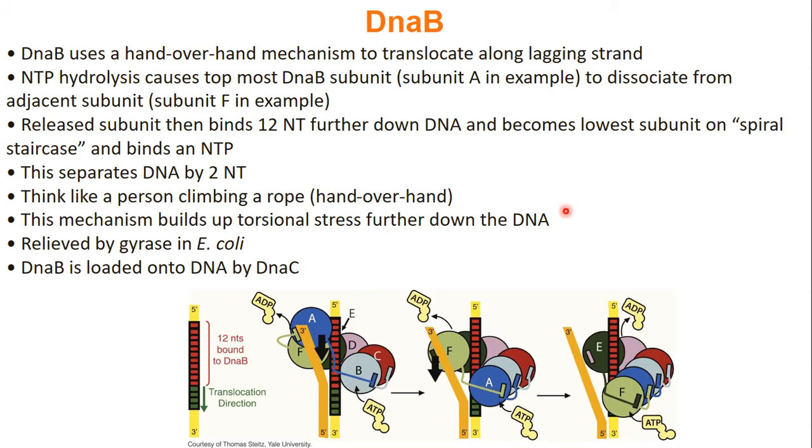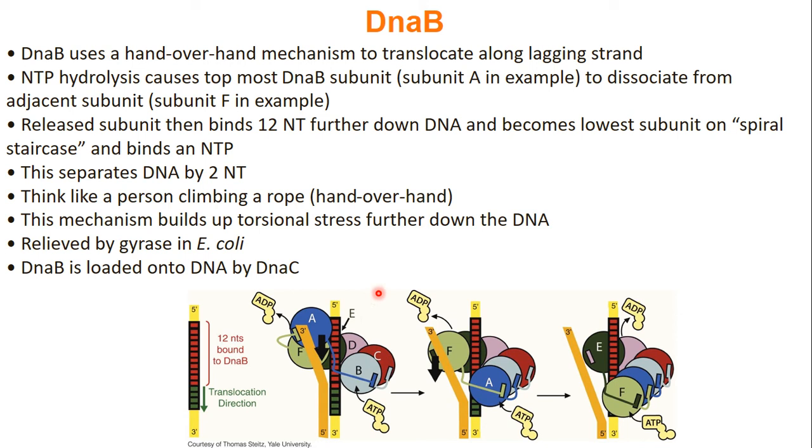Now let's take a look at how DnaB actually unzips our genome. So here we have DnaB on our DNA, and the 6 different units are called A, B, C, D, E, and F. So E is kind of hidden behind here, but it's there.